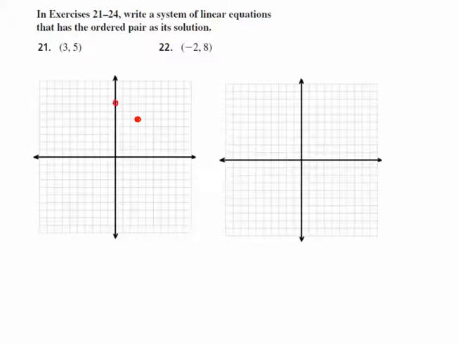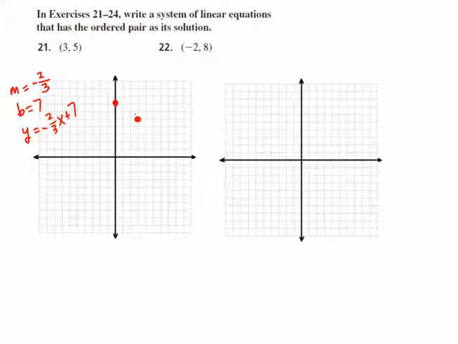If I use this point here, then I could calculate the slope, which happens to be down 2 and right 3. So that would be a slope of negative 2/3. And we can see that the y-intercept there is 5, 6, 7. And so we get y is equal to negative 2/3 x plus 7.